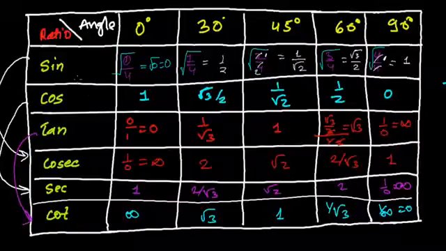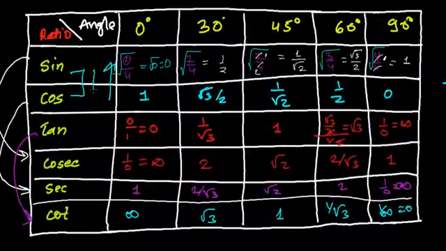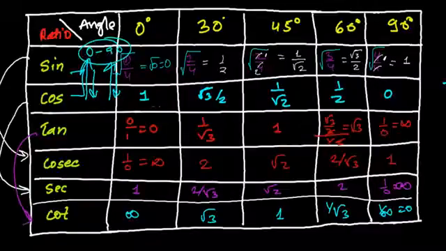Now the relation between sine and cos: if the sine value is increasing, the cosine value is decreasing, and if the cosine value is increasing, the sine value is decreasing, between 0 and 90 degrees. So sine 0 equals cosine 90, sine 30 equals cosine 60, at 45 both are the same, sine 60 equals cosine 30, and sine 90 equals cosine 0.